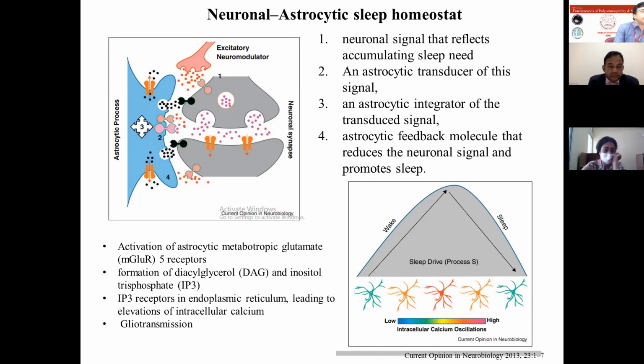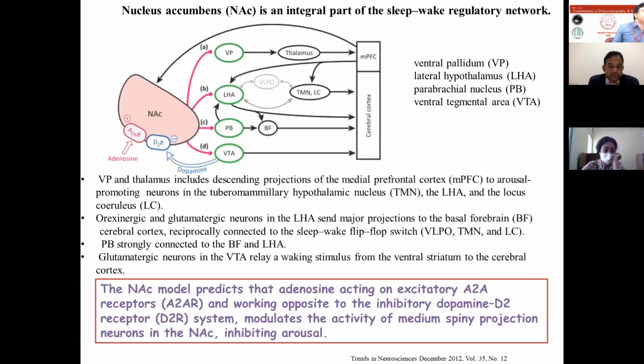All those things will drive the gliotransmission. So this is, in brief, how adenosine acts through A1 receptors.